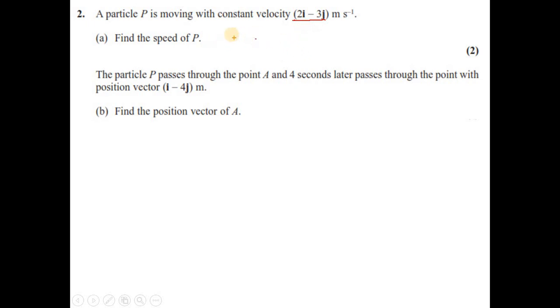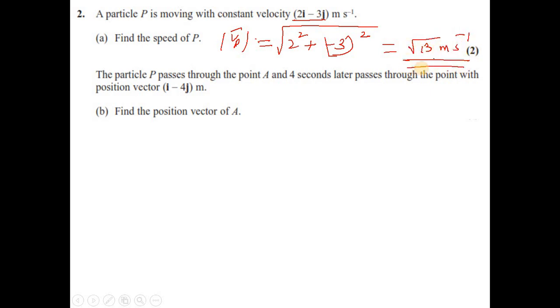So the speed of P, magnitude of Vp, would be equal to the square root of 2 squared plus minus 3 squared, and when you solve this, it is 4 plus 9, 13, so root 13 meter per second. That would be the magnitude of the velocity or speed of the particle P.